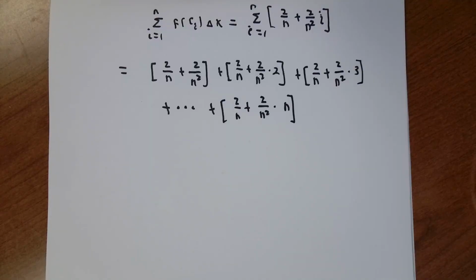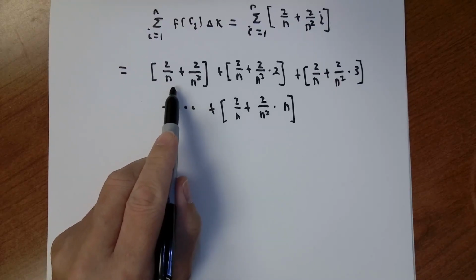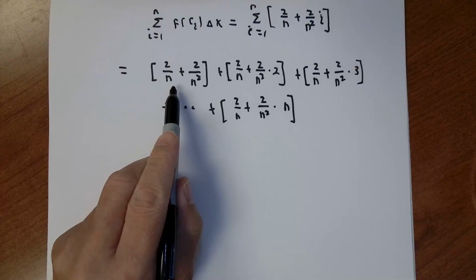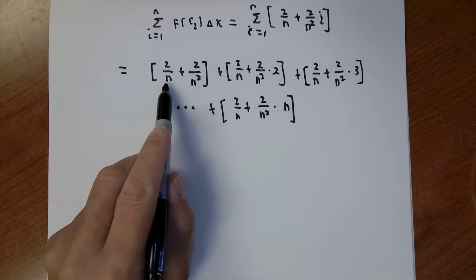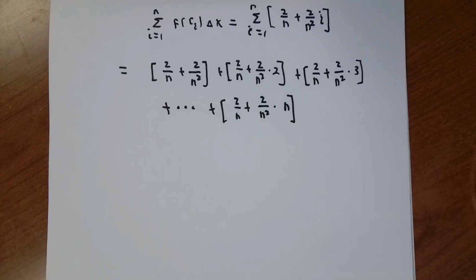I have n quantities inside of these brackets, and each one of them has a term 2 over n. So when I add the 2 over n's up, it's going to be 2 over n plus 2 over n plus 2 over n, and so on and so forth. There are n of those.